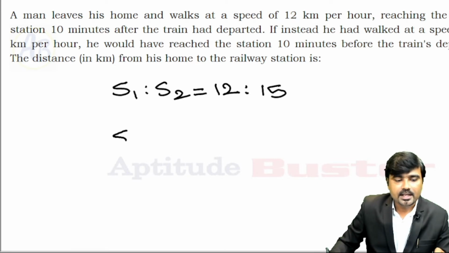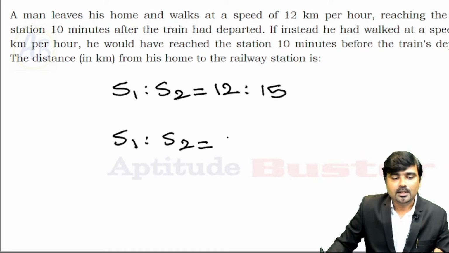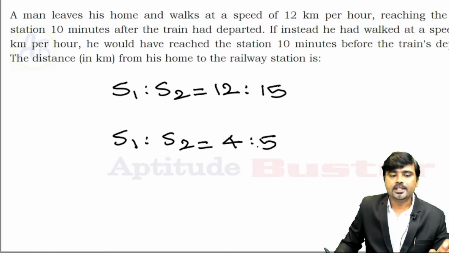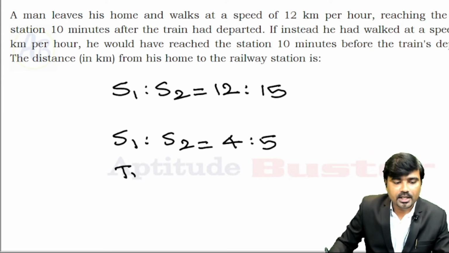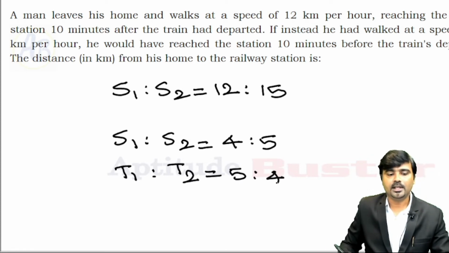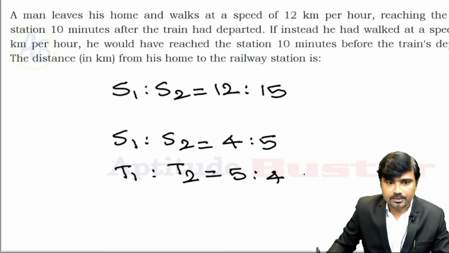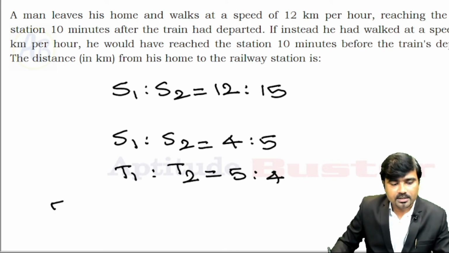Or we can say S1 is to S2 is equal to 4 is to 5, the speed ratio. The speed ratio is 4 is to 5, which means the time ratio T1 is to T2 is equal to 5 is to 4. Time ratio is 5 is to 4, which means one is 5x, the other one is 4x.